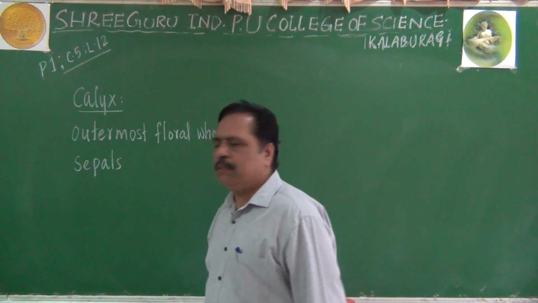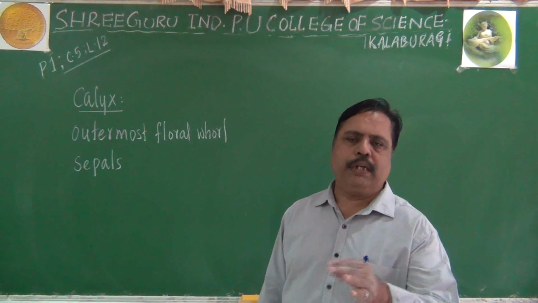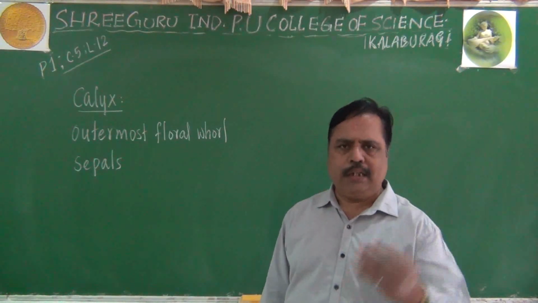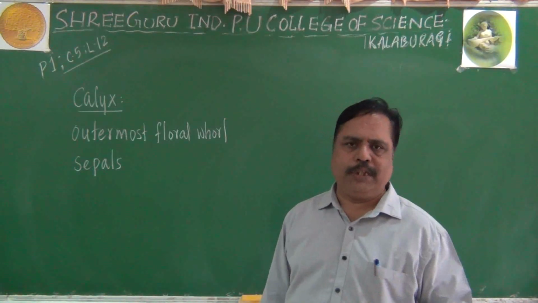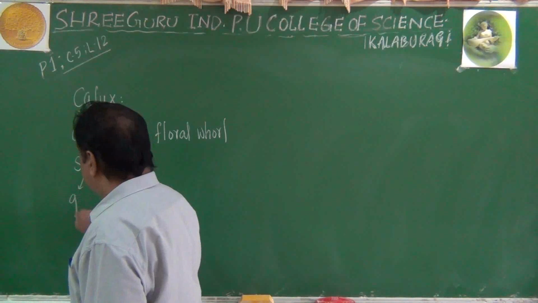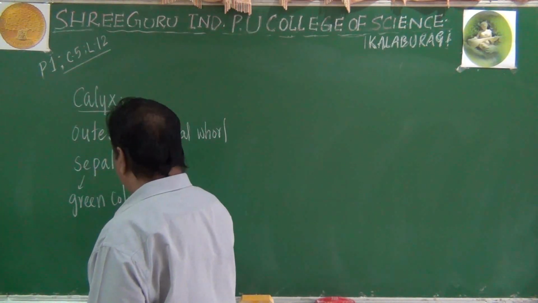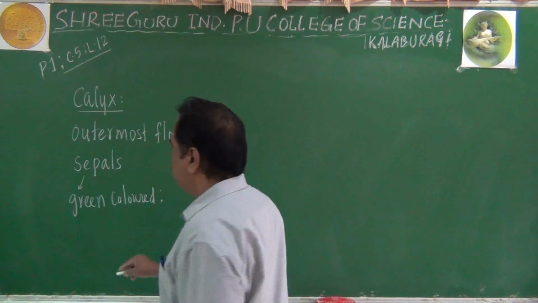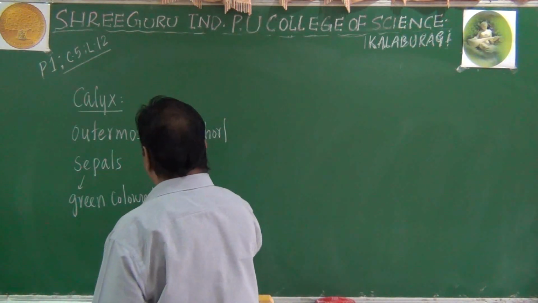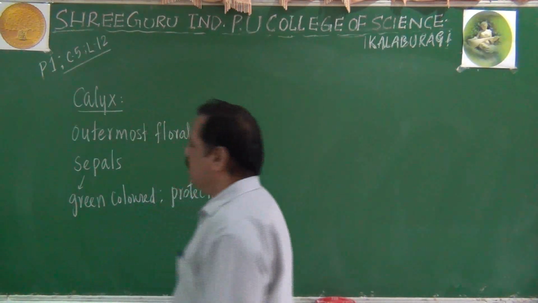The number of sepals will be trimerous in monocot, pentamerous in dicot, like that. Some variation will be there. The sepals will be generally green colored, remember, and they are involved in protection of the floral part, we can say.